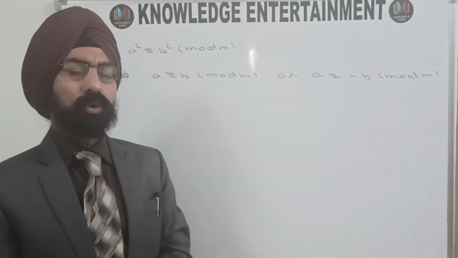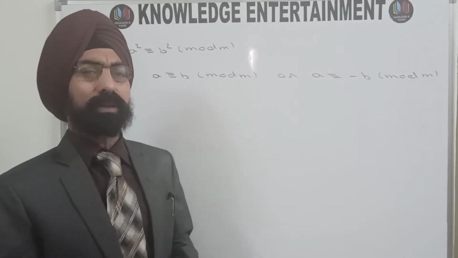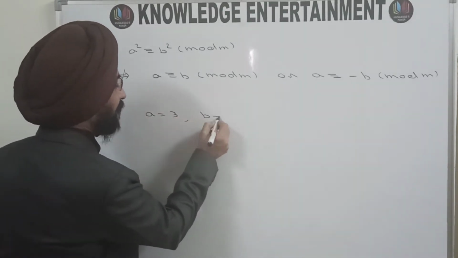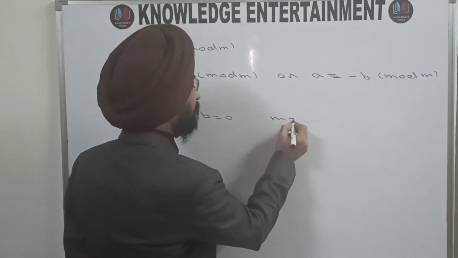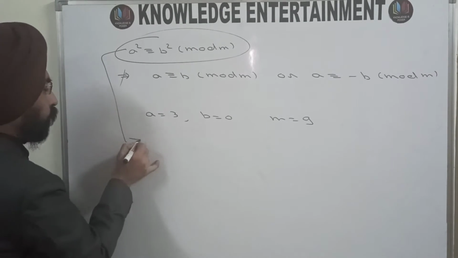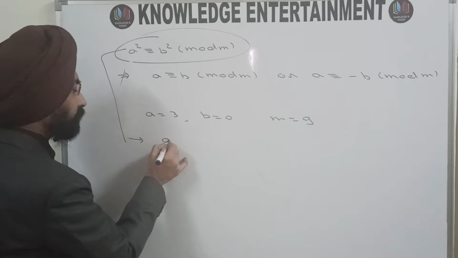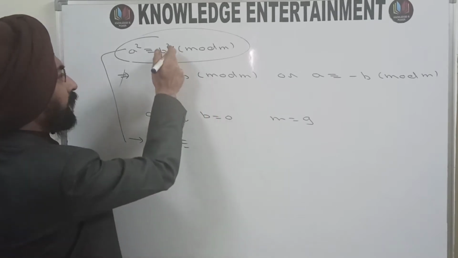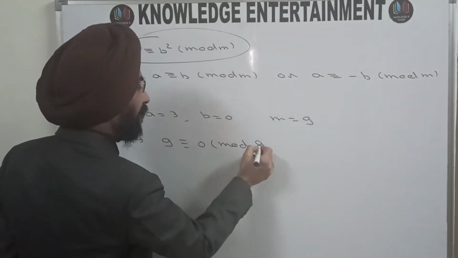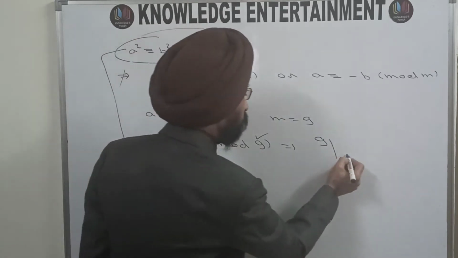So what we have to do to prove this, we will have to give some counterexample, and the counterexample is once again very easy. You just take your a as 3, your b as 0 and your m as 9. Look at this equation first. Is it holding? Is it true? Yes, it is, because a square is 9, congruent to b square is 0 and modulo your m is 9. And it is true because 9 divides 9 minus 0.